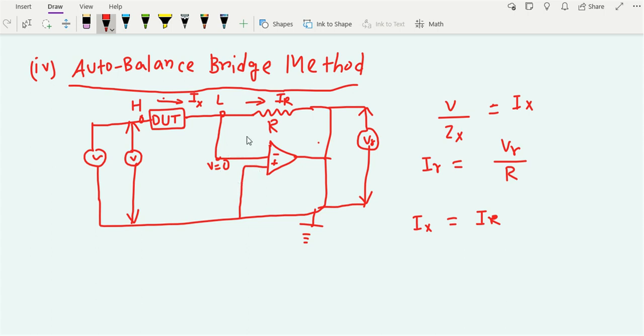So this is a virtual ground condition. In this condition, the current flowing through the device under test and through this resistance will be the same. So this will be balanced by the op-amp virtual ground condition. That's why we are calling it the auto balance bridge method.